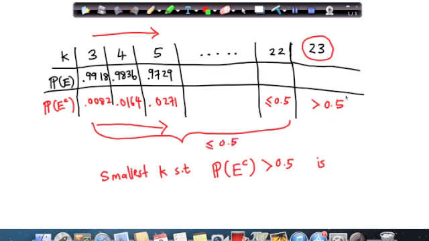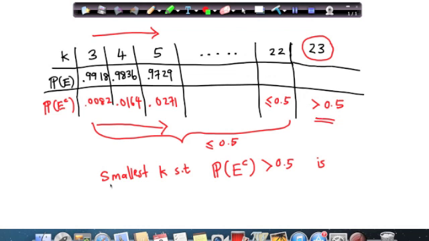Here we did not compute explicitly the probabilities. If you like, we can compute this using some computer program. Be careful if you compute these values using a calculator, because due to truncation error, the values that you get may not be accurate.